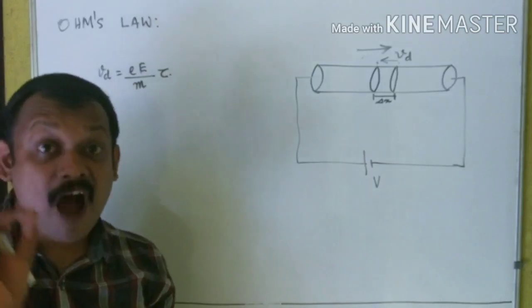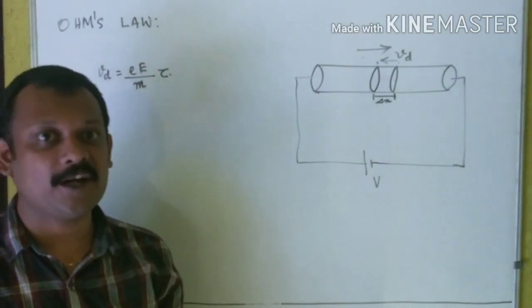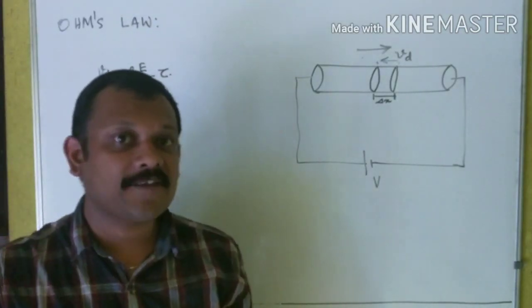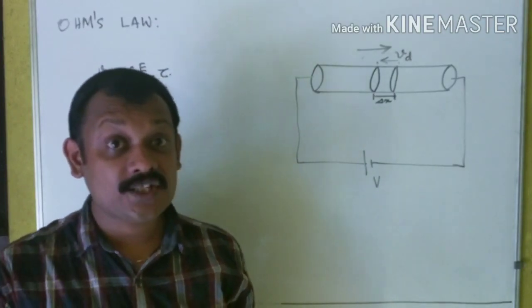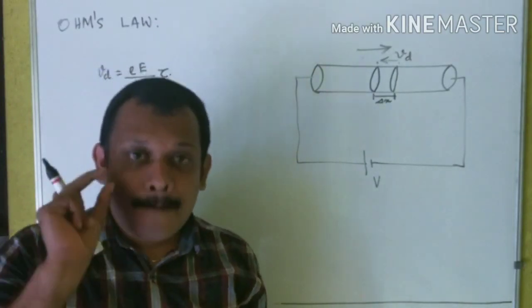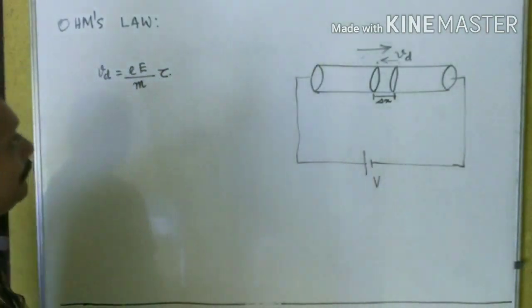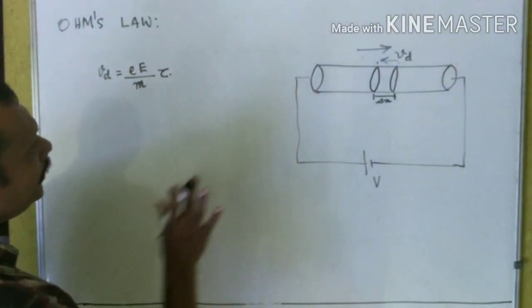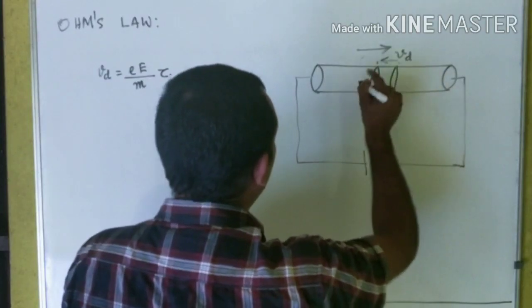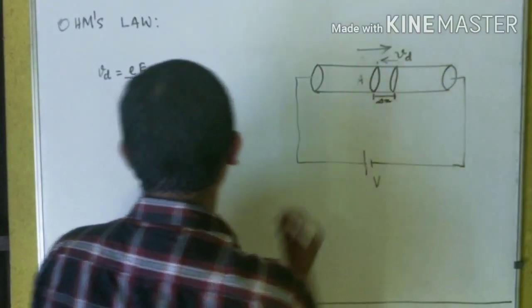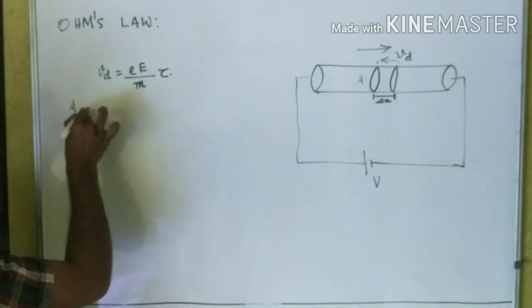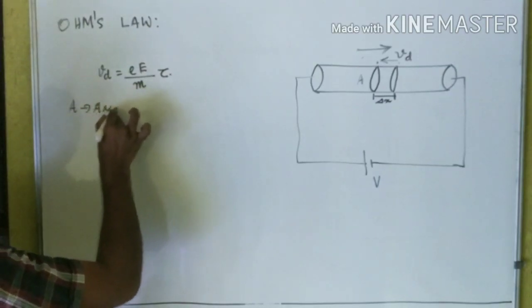Relaxation time is the average time interval between two successive collisions. Average time interval between two successive collisions is called relaxation time. Okay. Now let us consider a cross section. Let the area of this cross section be A. So I will say A, area of cross section.